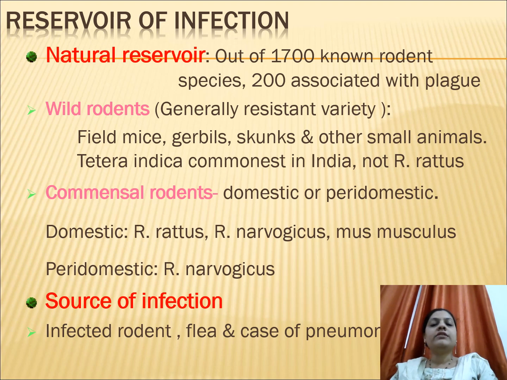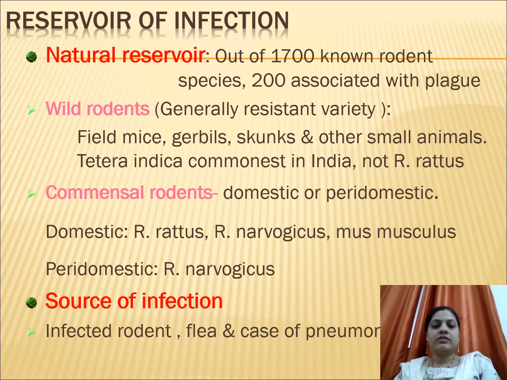Tatera indica, which is the commonest in India, is the wild rat, and it is the most common reservoir. When plague spreads among the human population, the rodent involved is Rattus rattus. And in peridomestic transmission, it is Rattus norvegicus.